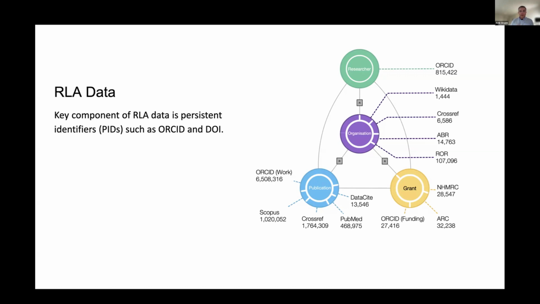Organizations, identified by Wikidata, Crossref, and the Australian Business Registry number, an Australian-specific identifier for companies, and role. The grants have a substantial number of funding records that come from ORCID, but we also had the ARC and NHMRC, which are funding organizations in Australia. Then we had the publications that come from the ORCID records, from Scopus, Crossref, PubMed, and even some from DataCite.